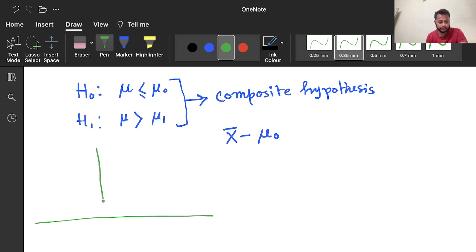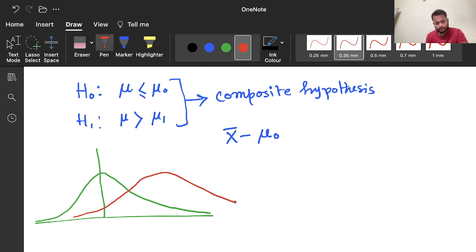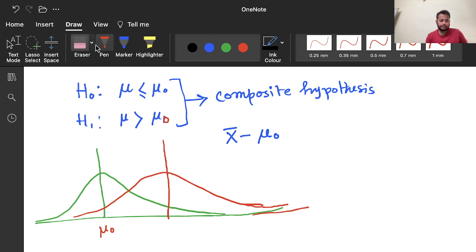Suppose this is one distribution, and this is another distribution. Suppose this point is mu 0.